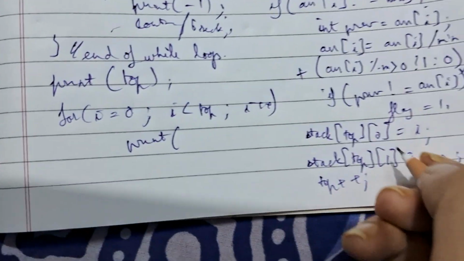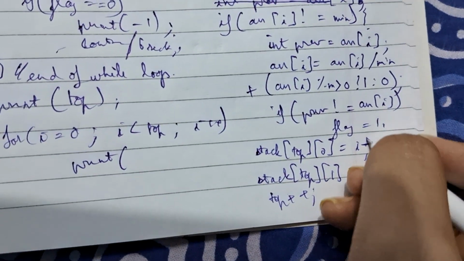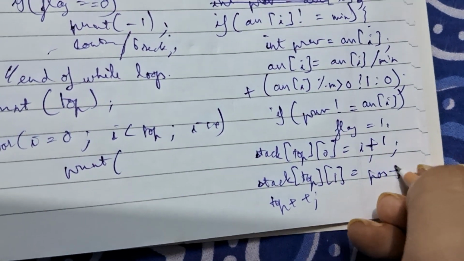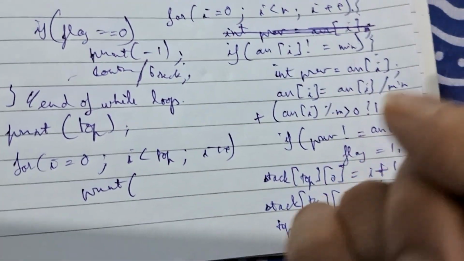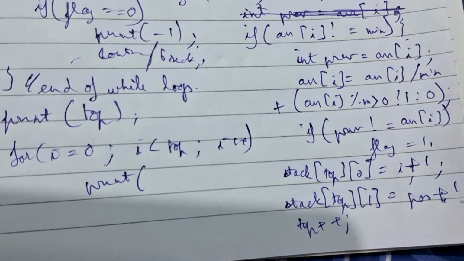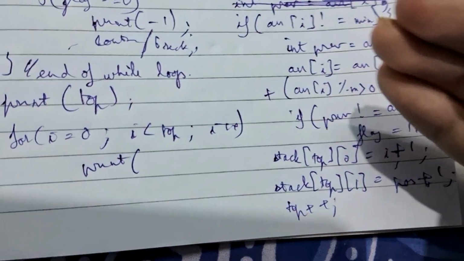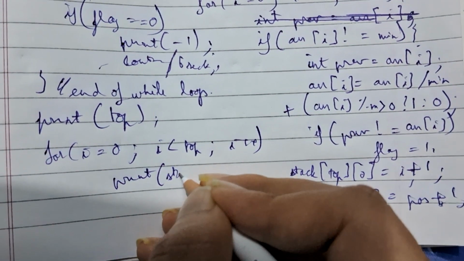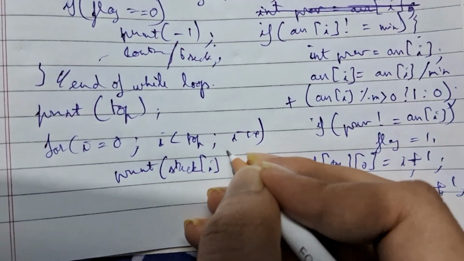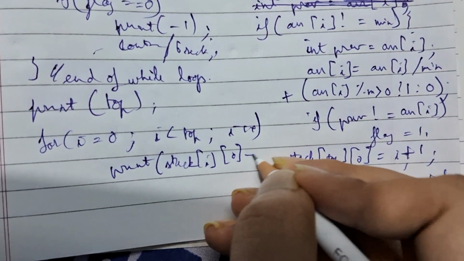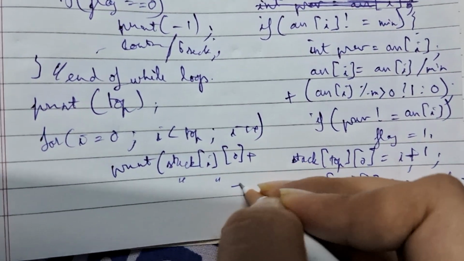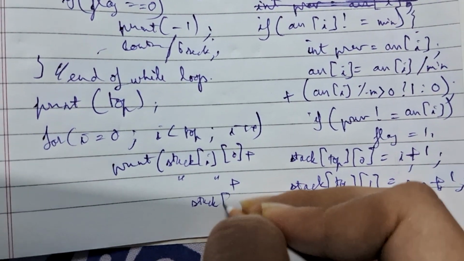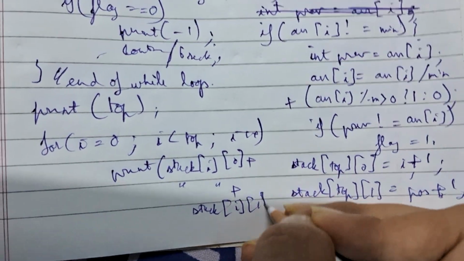You have to print I plus 1. Remember one thing, I plus 1 and position plus 1. This is because in the question it has been given that you are going to use 1 based indexing, not 0 based indexing. So you have to print stack of I of 0 and space stack of I of 1.